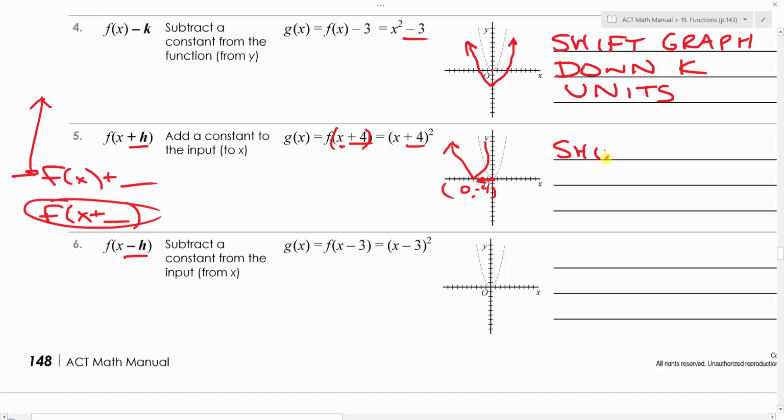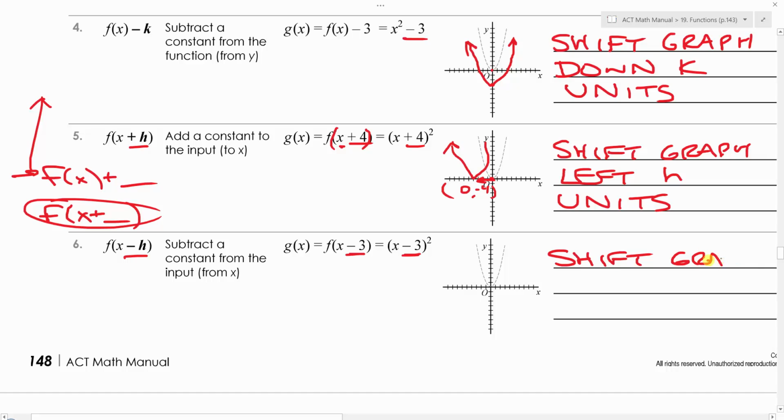So you shift the graph left h units. So you're going to shift the graph left h units, and then if you subtract in parentheses, you subtract from the input, from the x, you're going to shift the graph right h units.